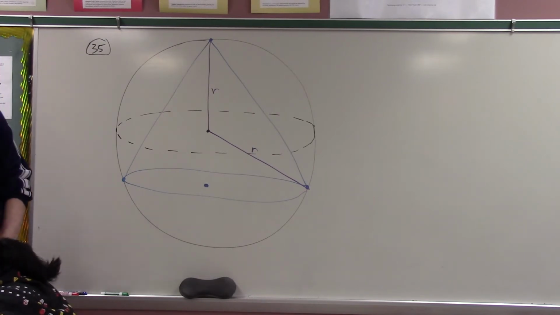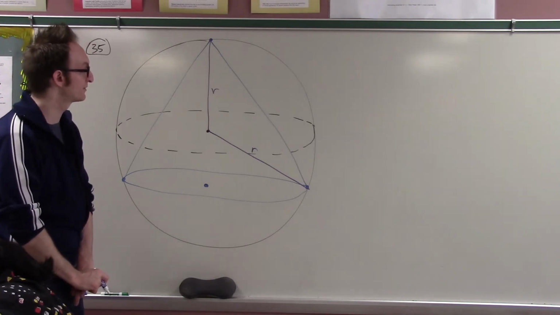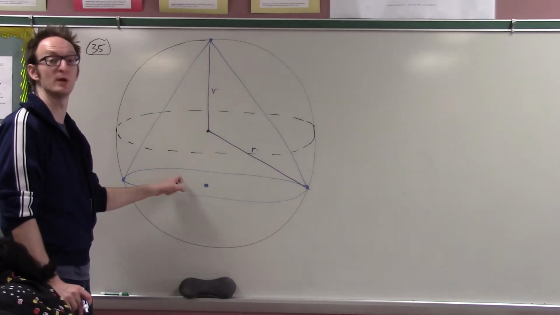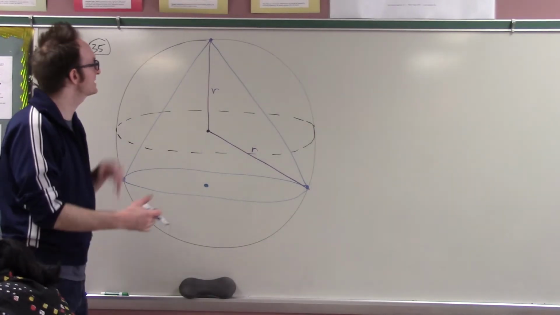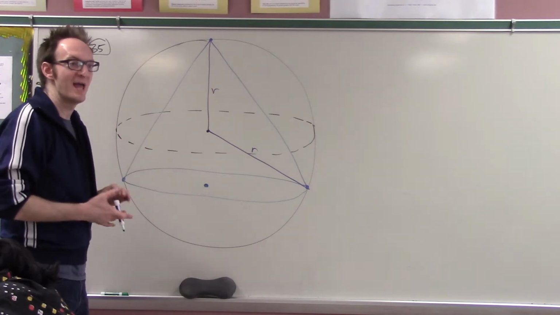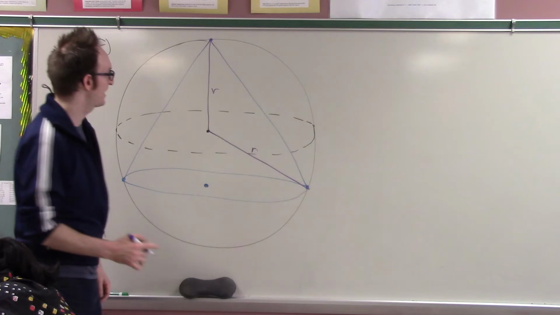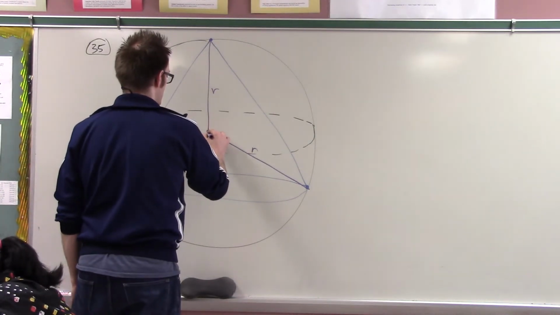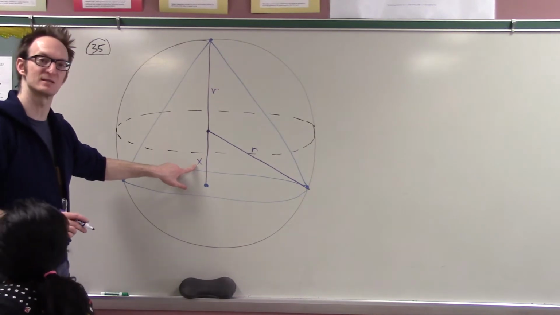All right, what I want to do is find an expression for the volume of the cone, because if I can figure out the volume of the cone, then I can try to maximize it. Well, I need to pick a variable somehow, and it's not obvious how to do it. Anything you do would work out, but it turns out that the smoothest thing to do is to let your variable be this number x.